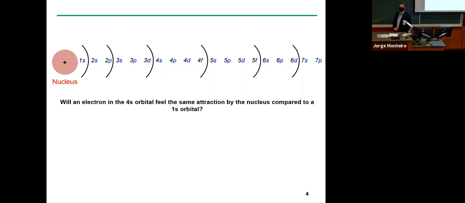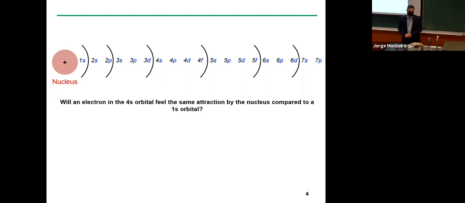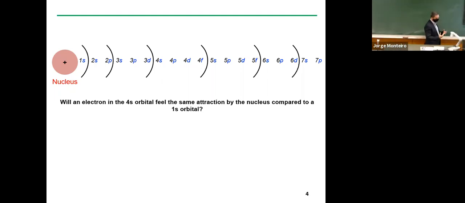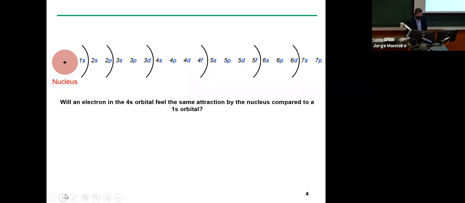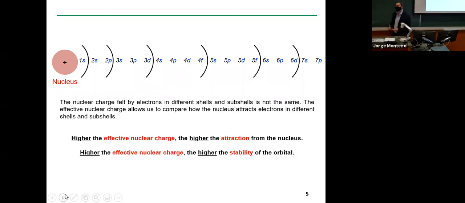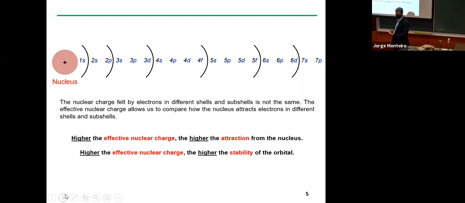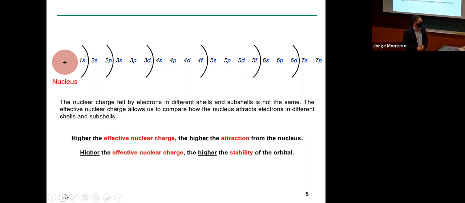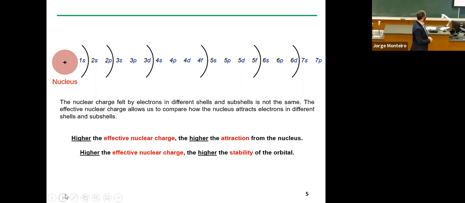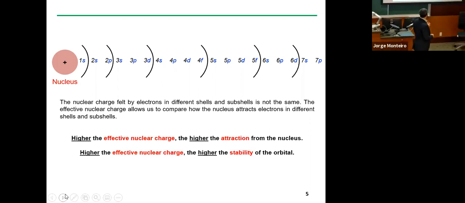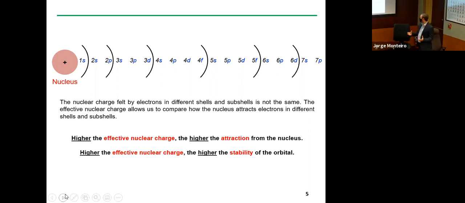In science, we always like numbers, right? And to calculate things. So let's see if we can find a number to quantify how much the electron feels the nucleus. And that's the concept of effective nuclear charge. The nuclear charge felt by electrons in different shells and subshells is not the same.